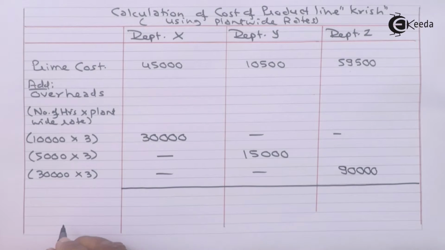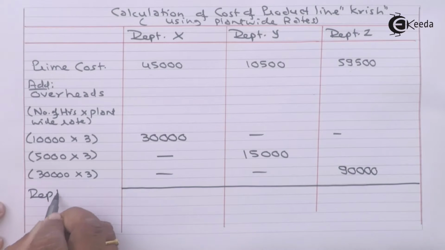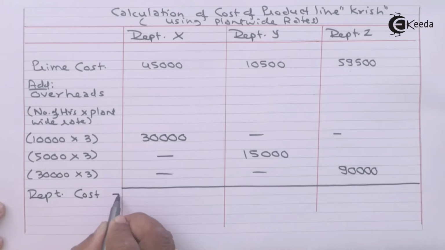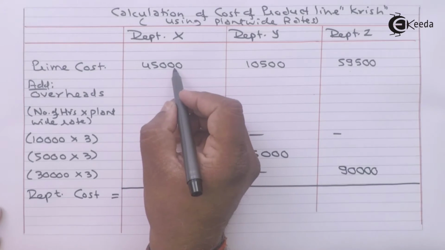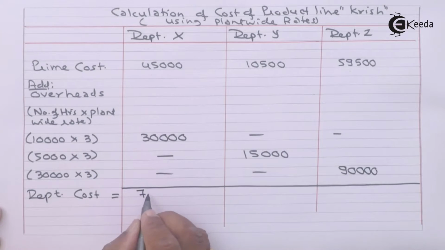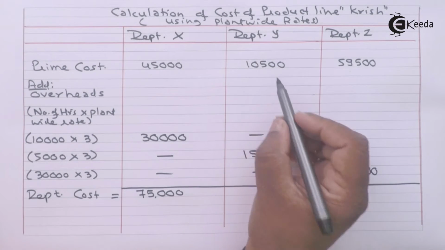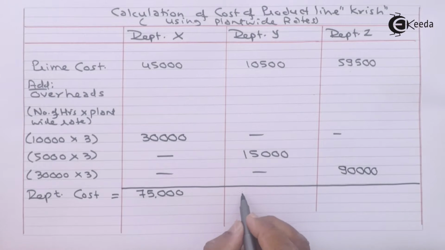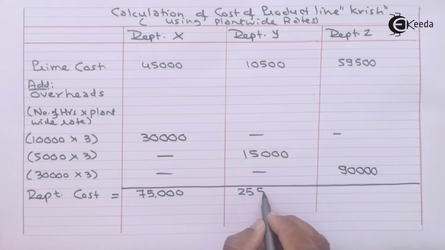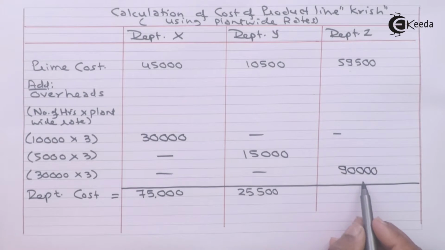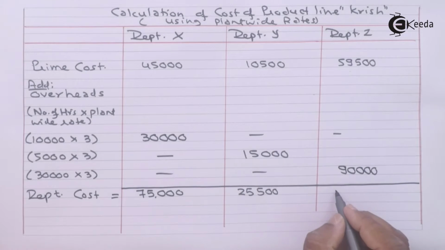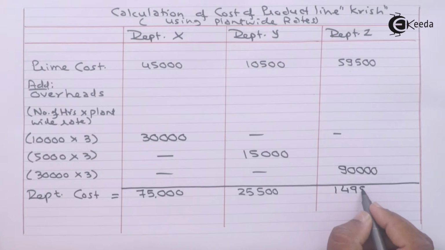We can add cost of each department. 45,000 plus 30,000, 75,000. 10,500 plus 15,000, 25,500. 59,500 plus 90,000, 1,49,500.